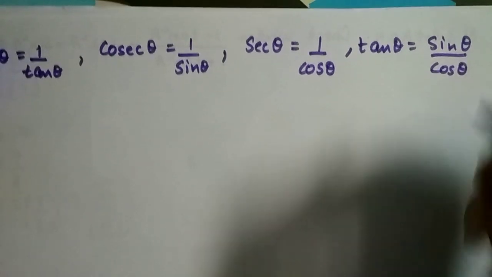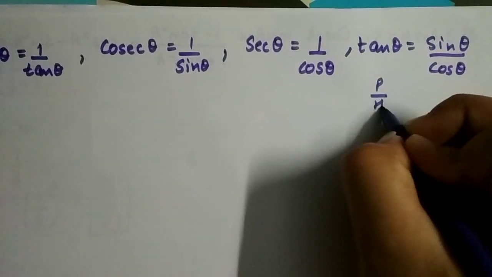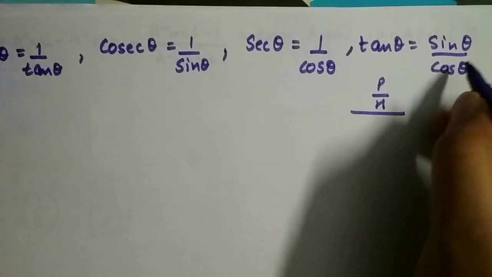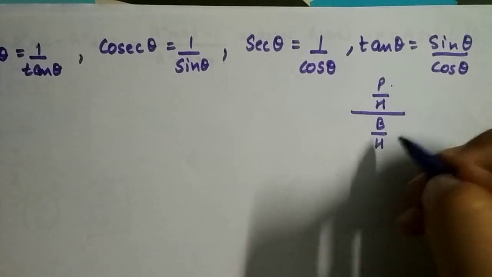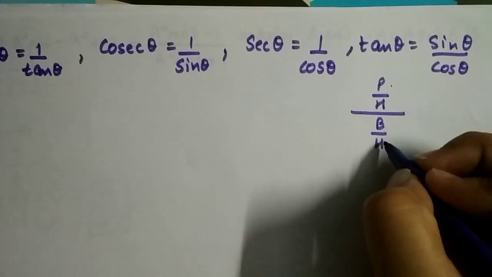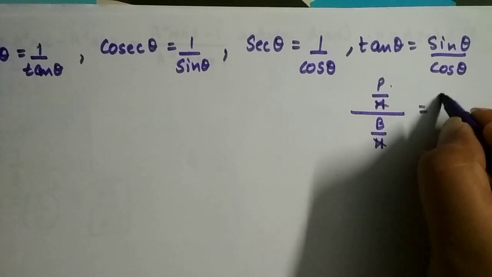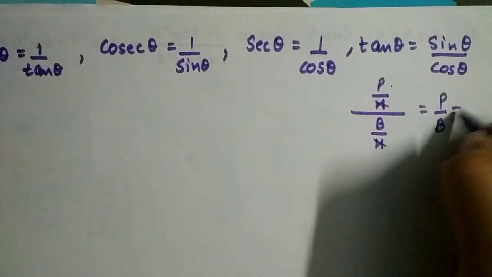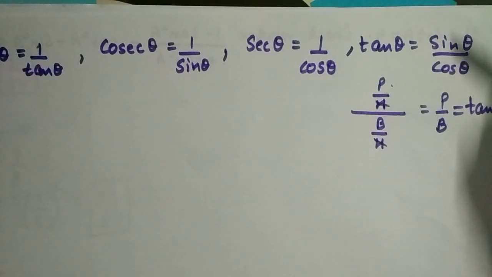How? Because you know sin theta is perpendicular upon hypotenuse and cos theta is base upon hypotenuse. If you divide sin theta by cos theta, the hypotenuse will cancel out and you will get perpendicular upon base, that is tan theta. Therefore tan theta can be written as sin theta upon cos theta.